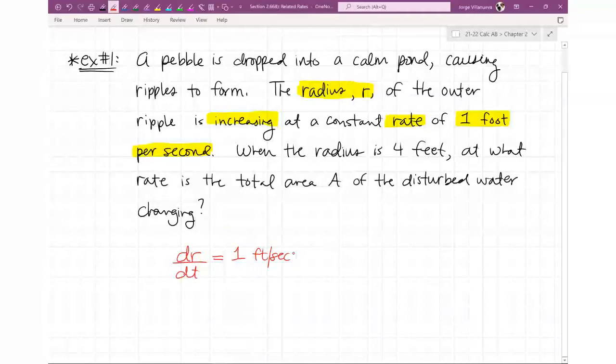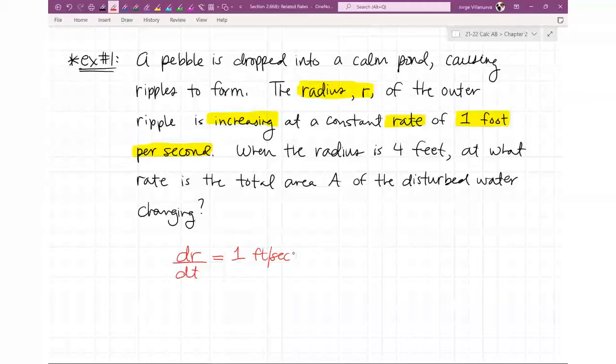Notice the measurements are in terms of velocity, right? Feet per second, meters per second, stuff like that. And the reason is because the position of the radius would just be r, so the derivative of the radius is going to be its normal measurement, feet, over time, right? So it becomes kind of like a velocity. Again, it's increasing, so it's going to be a positive 1.